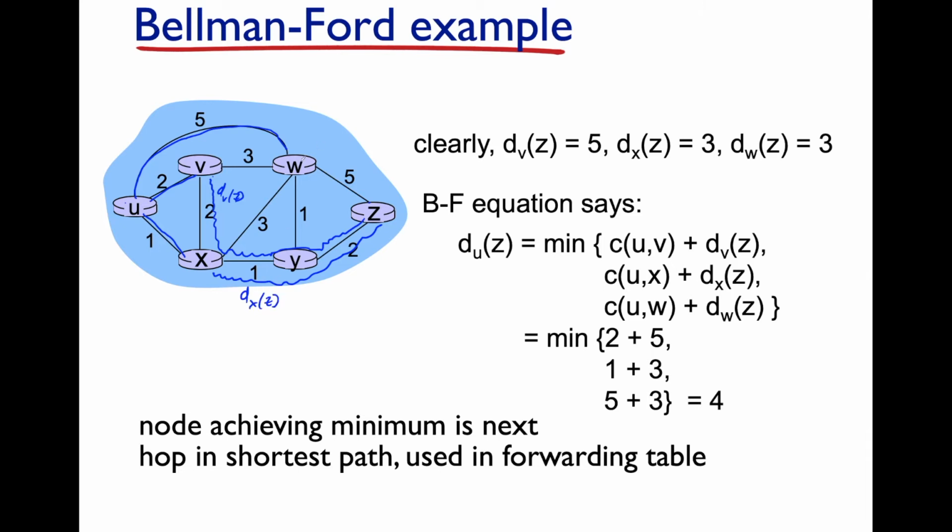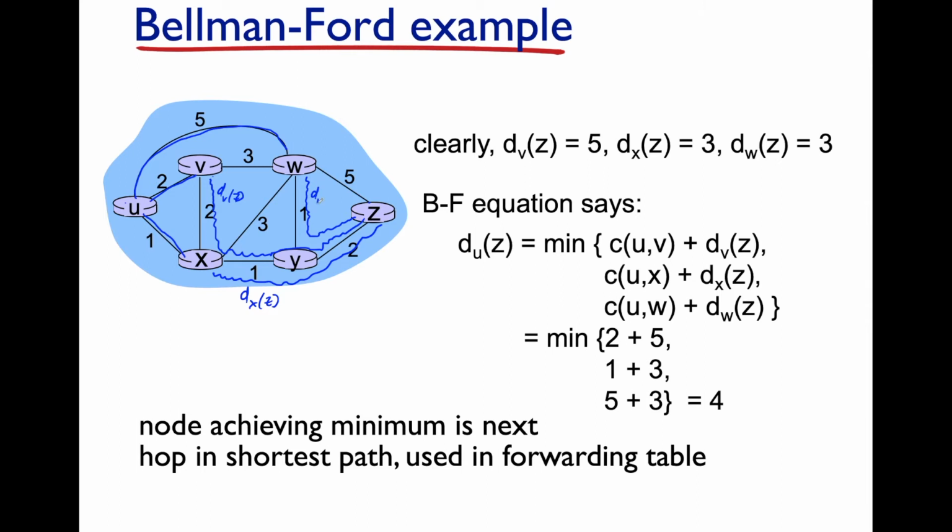And then lastly, if we look at U's other neighbor, W, we're going to draw another squiggly line. So we're going to go down here, up there, for a cost of 1 plus 2, that's 3.